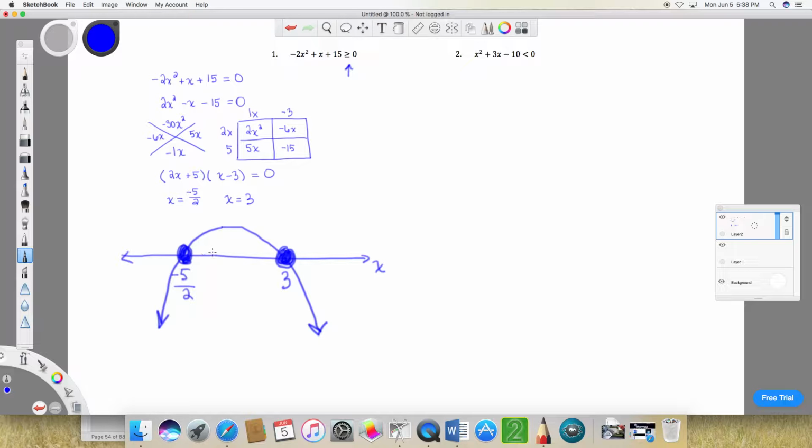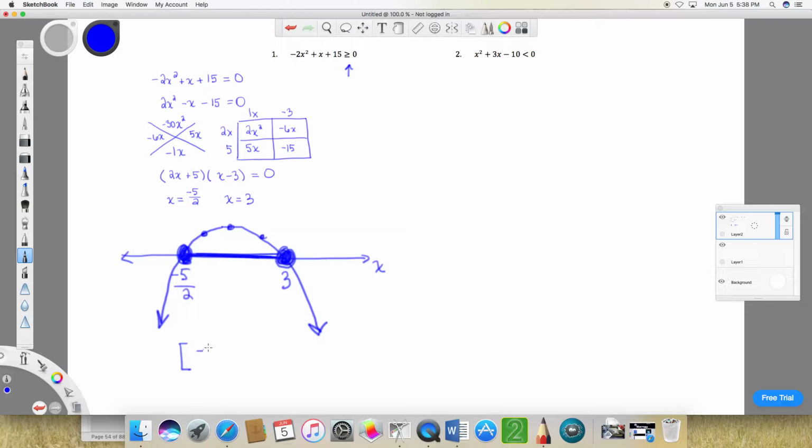Now I want to pick the x's that will cause the parabola to be greater than or equal to 0. Greater than 0 is above the x-axis, so it's these points right here that are on the parabola above the x-axis. Those points have x values between negative 5 halves and positive 3.